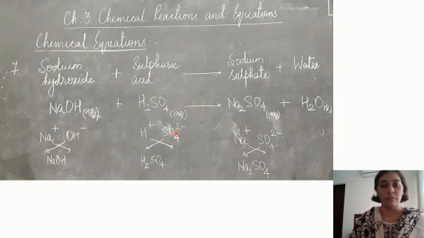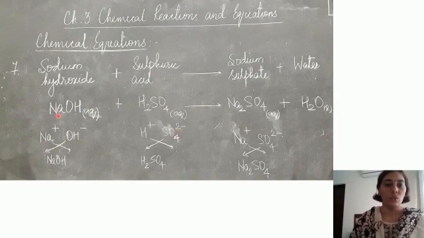This is a similar type of equation. Here also we have a positive and a negative ion. Na is positive, and the hydroxide ion is 1 minus. Hydrogen is positive and sulfate is negative.